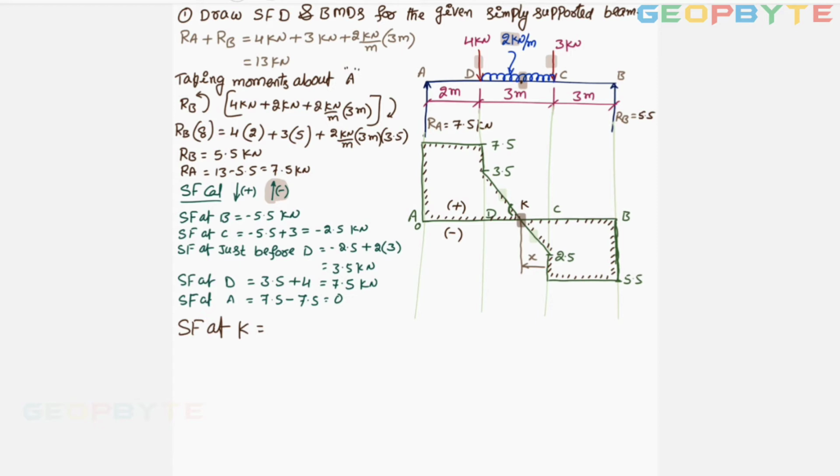This is the K, this is the x. Now let us find the SF at K. SF at K equal to minus 5.5, that is the reaction vertical upward force, negative, plus 3 point load, plus UDL multiplied by UDL distance up to K, 2 into x.